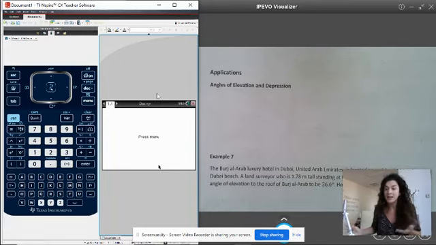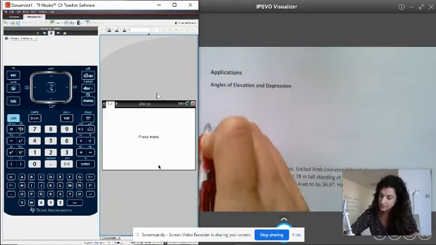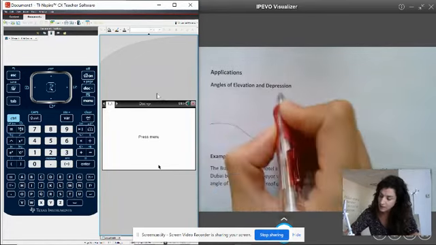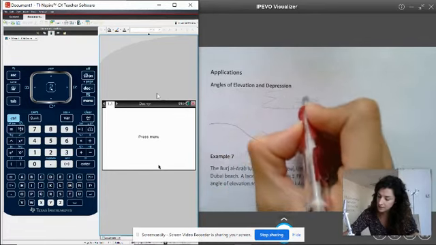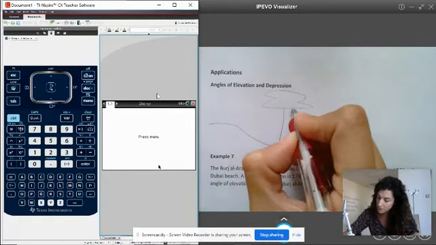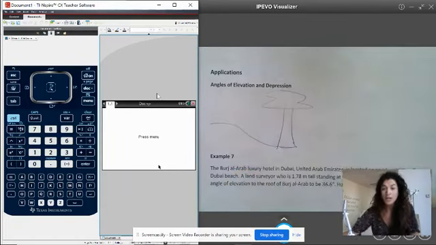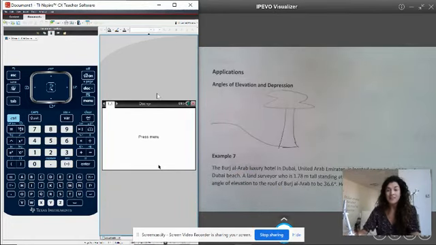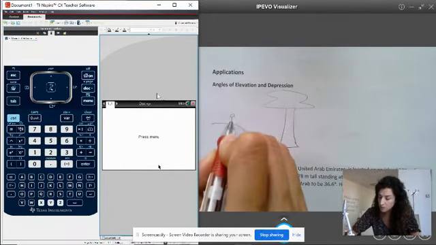All right, so angles of elevation. The main idea, let's draw a hill. You've got a measurement of something. This is my beautiful tree. You've got something that you are trying to find, like a height or how far away you are, and it always involves a person.